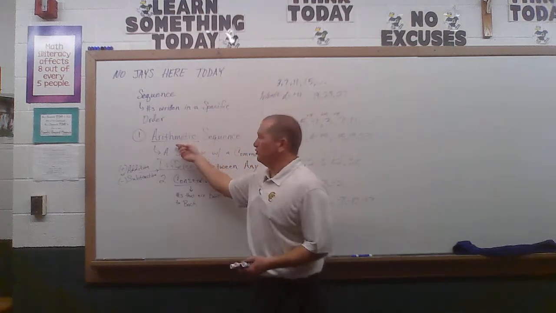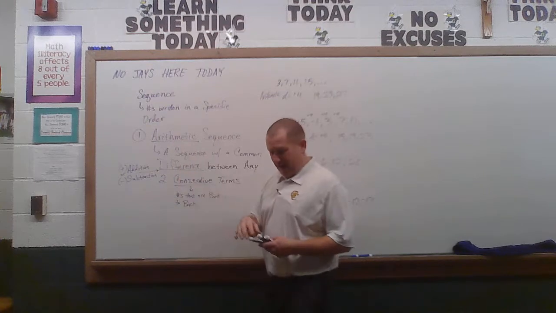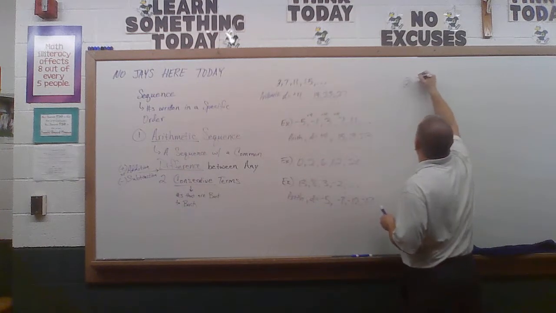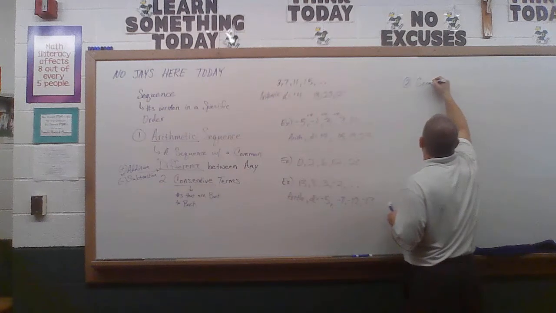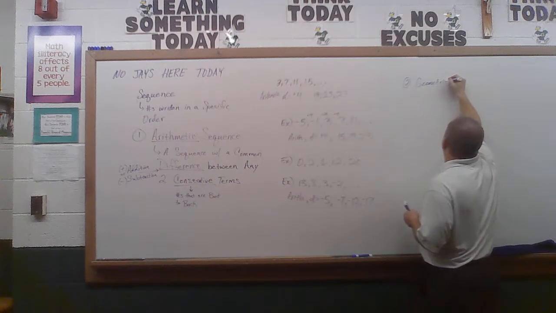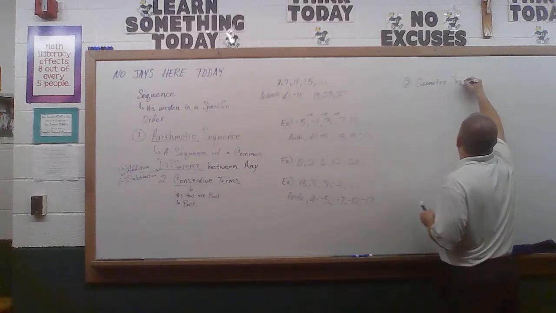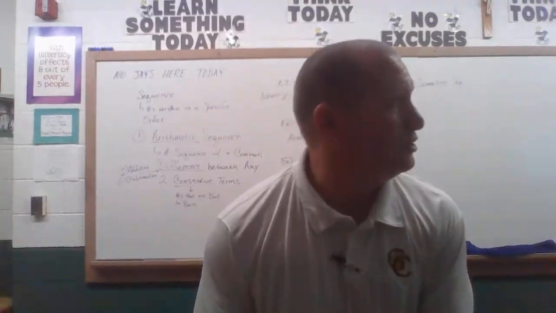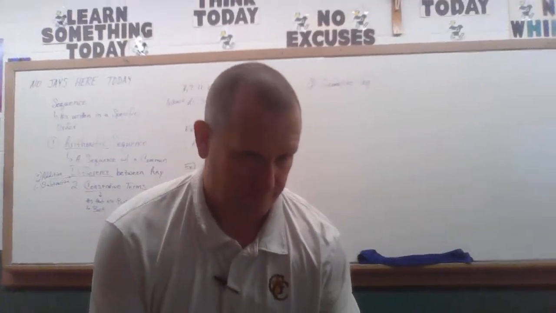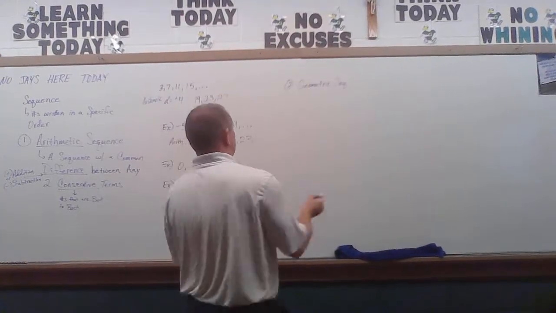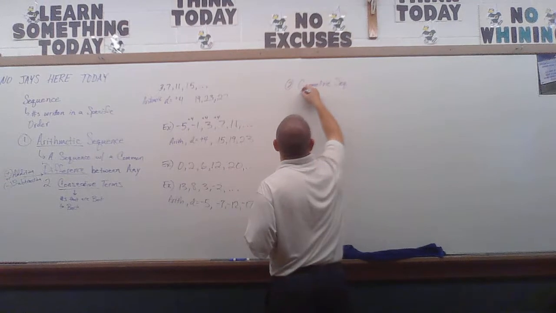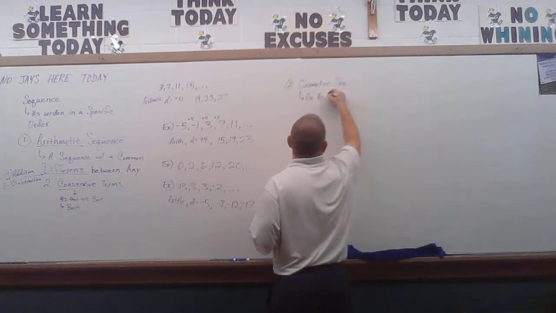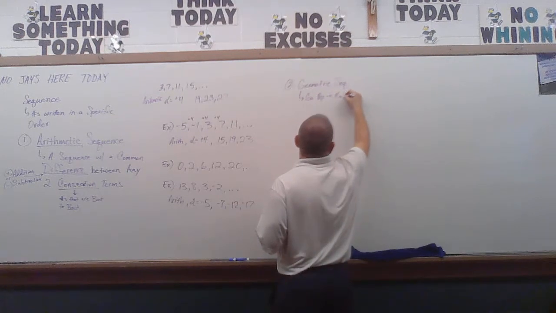So, the first one was arithmetic involving adding and subtracting. My other one is a geometric sequence. And this, we probably are going to do what? Multiplying by? Yeah, so geometric is if I go up, we're going to think about multiplication.